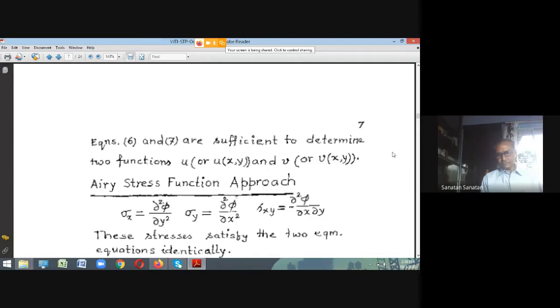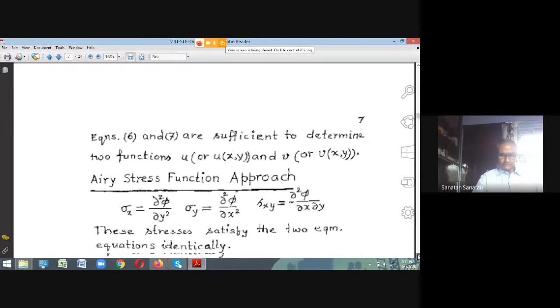So each of the stresses is given by a second derivative of the stress function phi. Look at the sort of magic of this expression. Irrespective of the form of this function phi, which happens to be a function of x and y, the two equilibrium equations are satisfied.